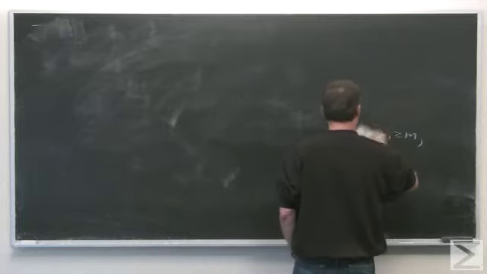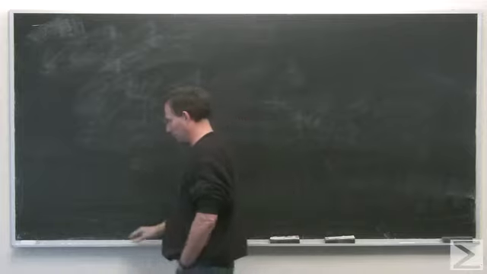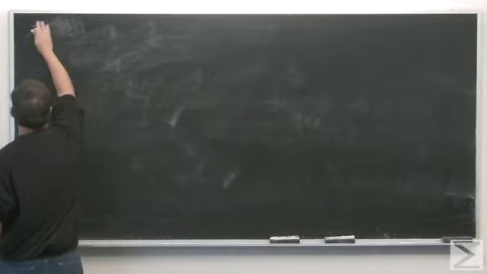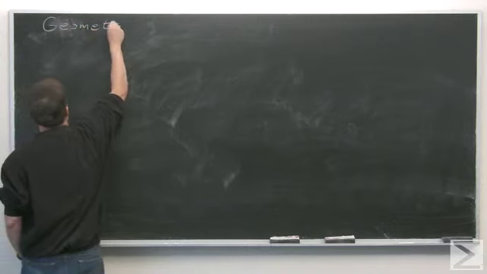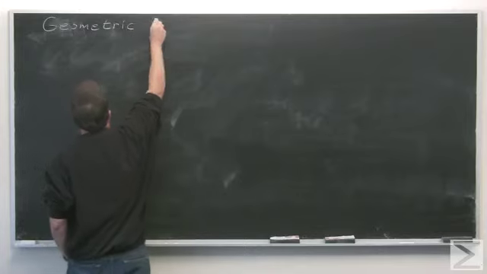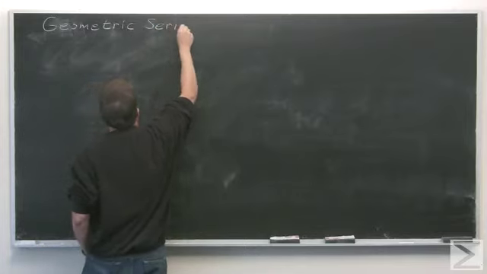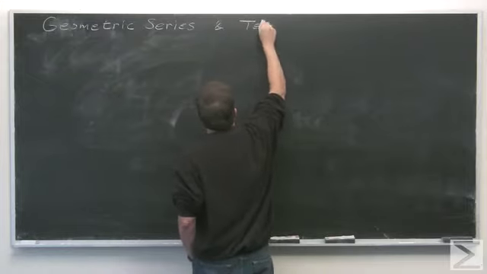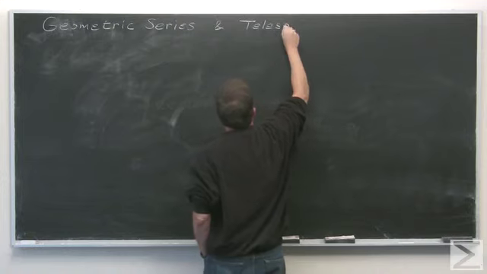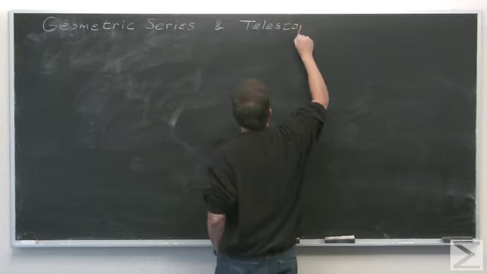They are fundamental. So I want to look at two kinds of series. There are geometric series, which we've looked at before, but I'll remind you what they are, and telescoping series.